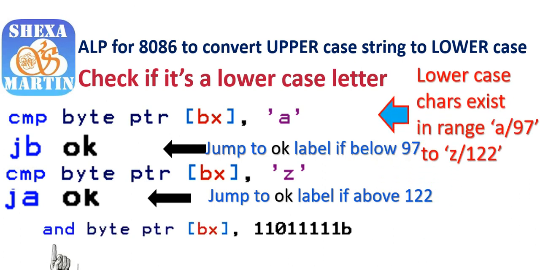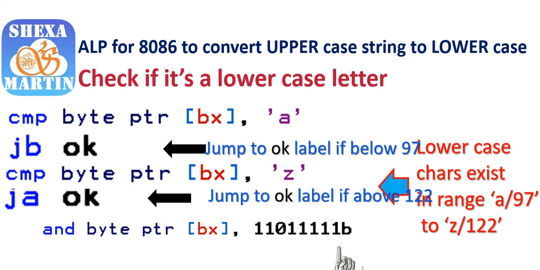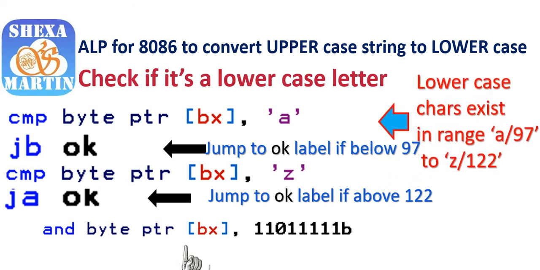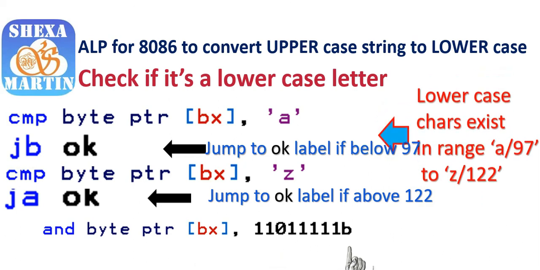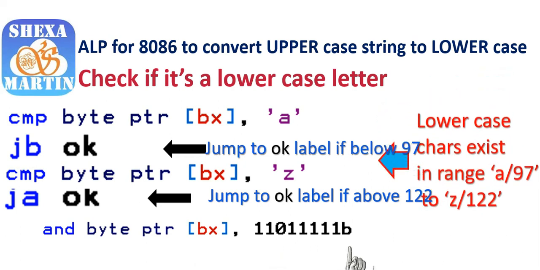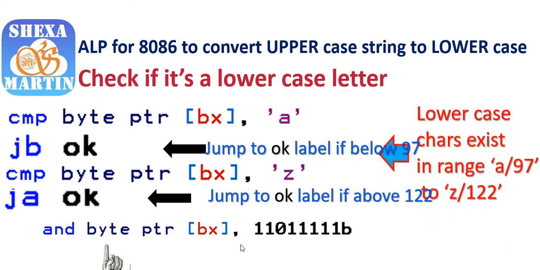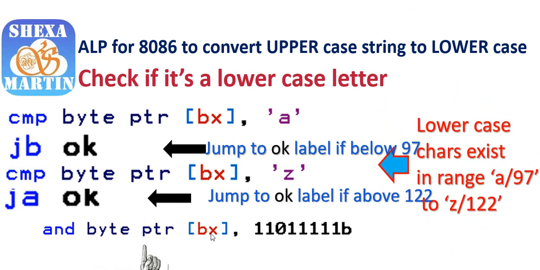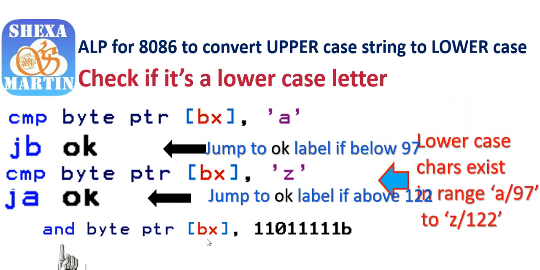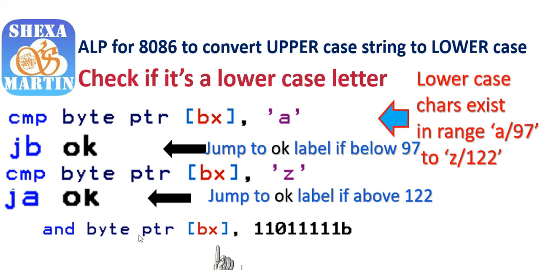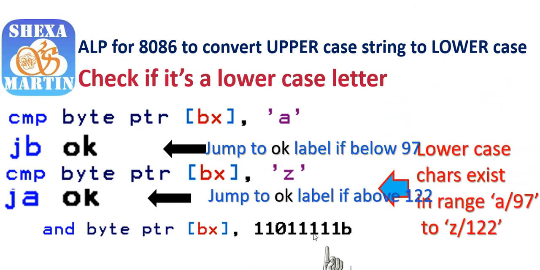Now from there, we convert the character to uppercase. So this is the code that we write to convert the character stored at the location in BX. We just multiply it by this value.